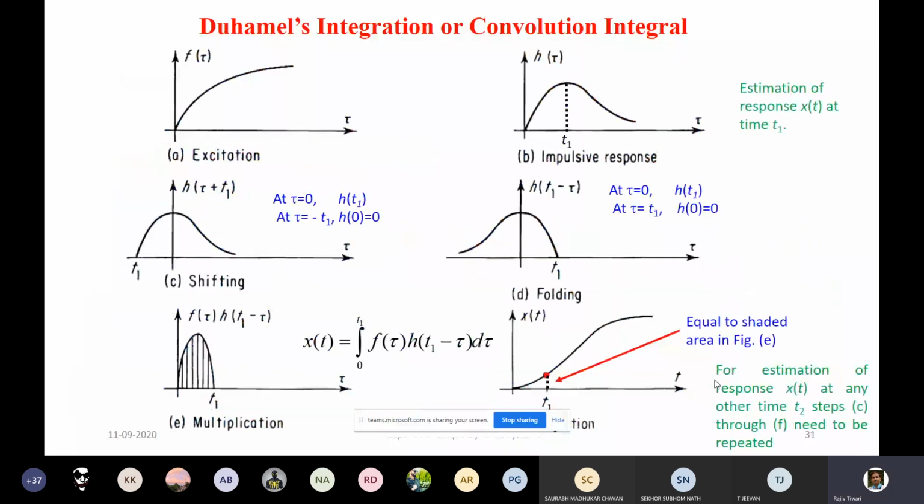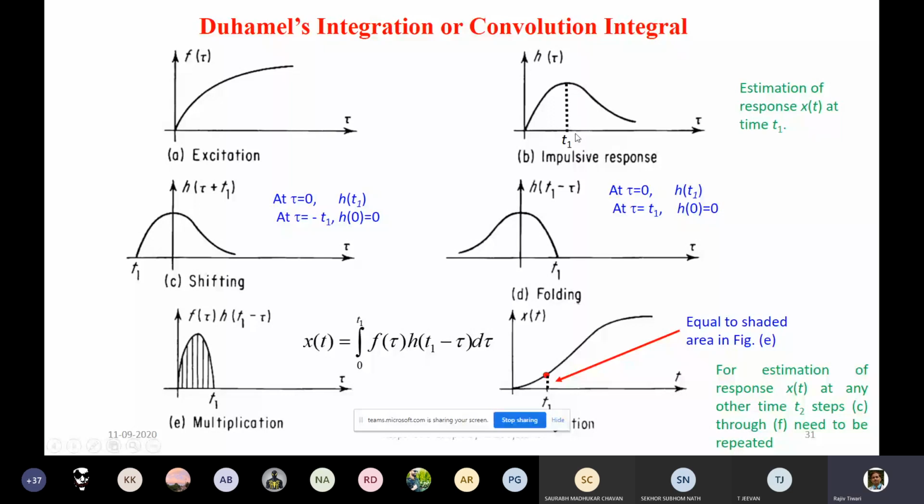So this is just a graphical representation of the convolution integral. Here we have the force. The force can have any form; it can be linear or any other form. So this is the force. The impulse response, let us say, for a particular system is like this. At t1 it has this value, because we want the multiplication of h(t minus tau).